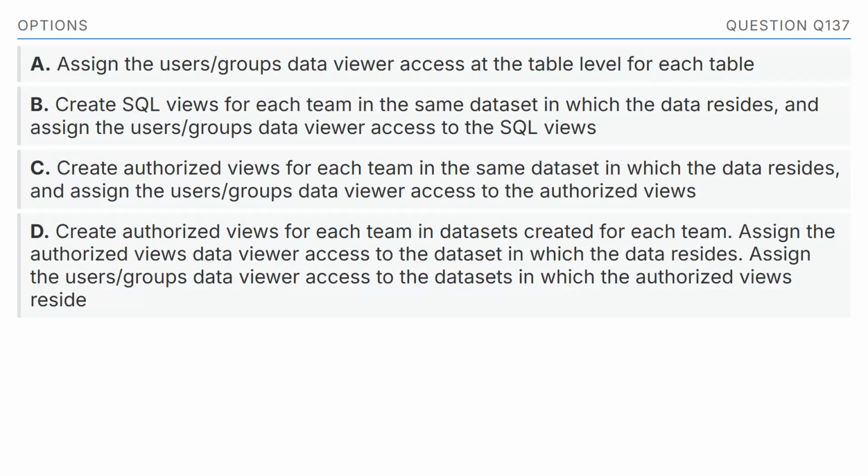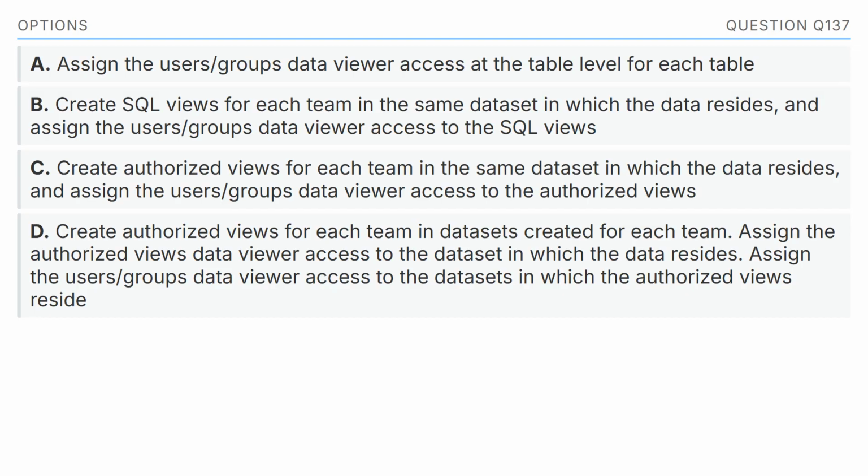The options are: Option A, assign the users/groups data viewer access at the table level for each table. Option B, create SQL views for each team in the same dataset in which the data resides, and assign the users/groups data viewer access to the SQL views.